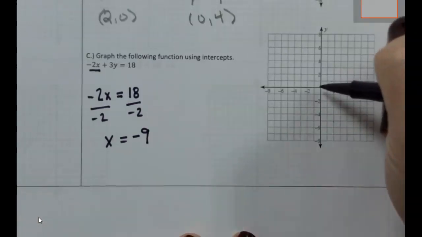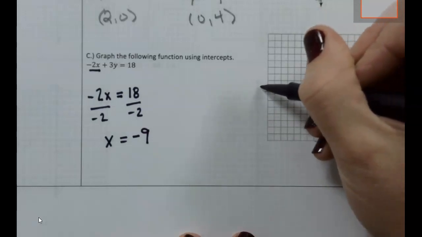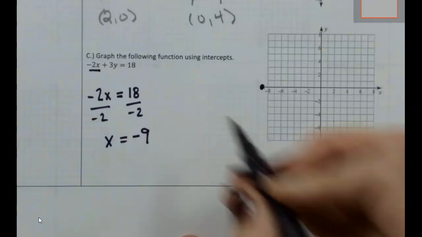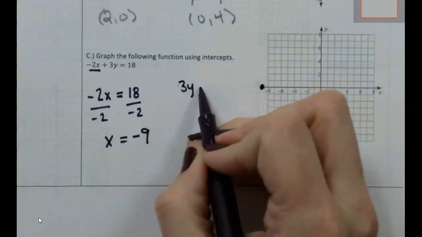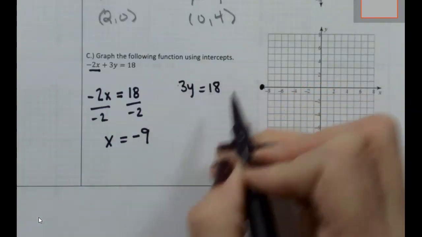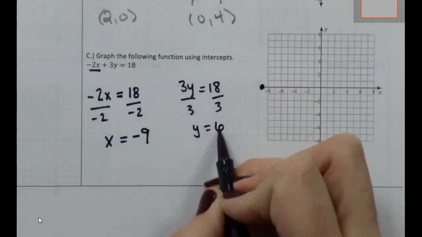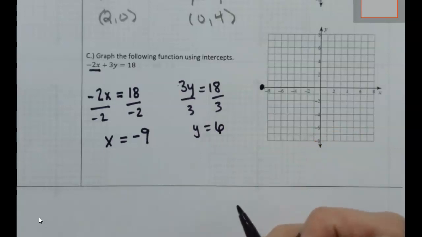Now I know that that's unfortunate because there's only 8 spots on our graph, so I'm just going to go one farther, kind of right there to my negative 9. And then we'll go 3y equals 18. And my y-intercept will be at positive 6.